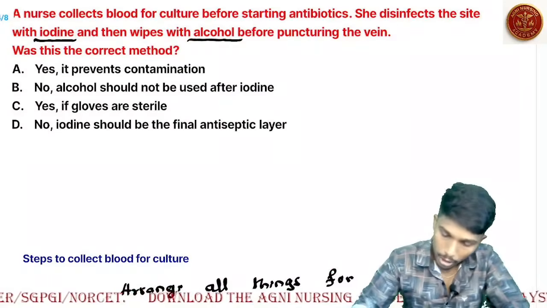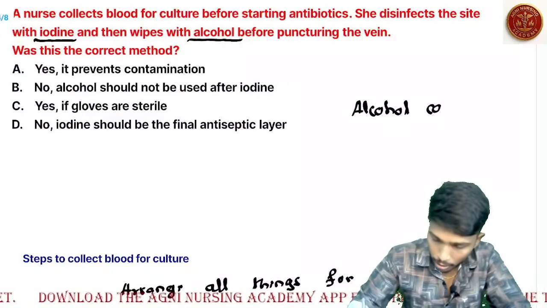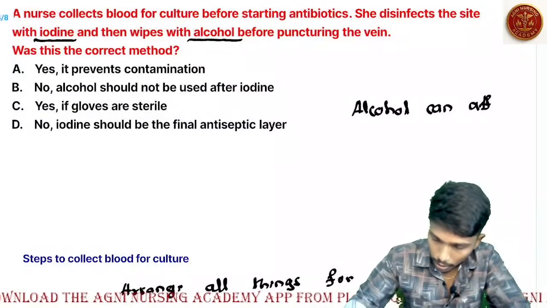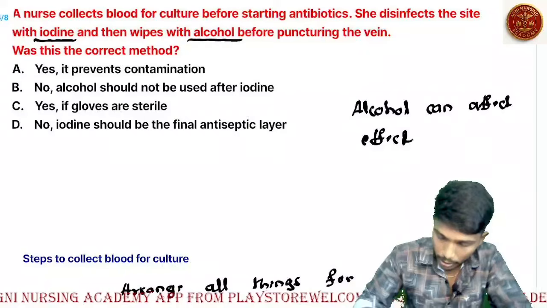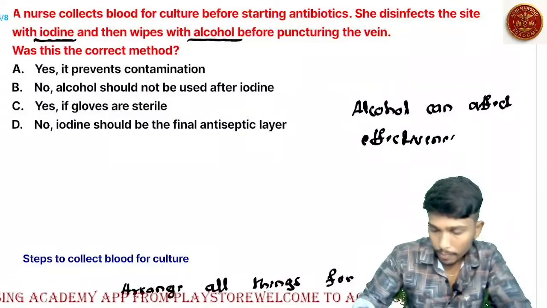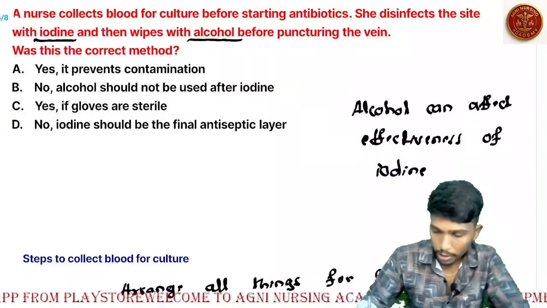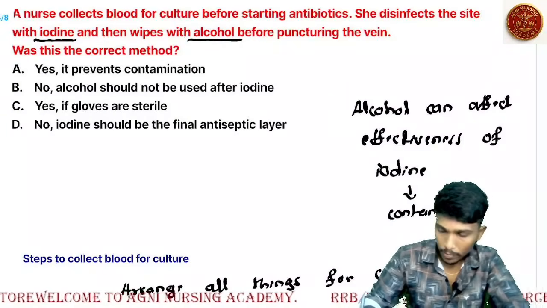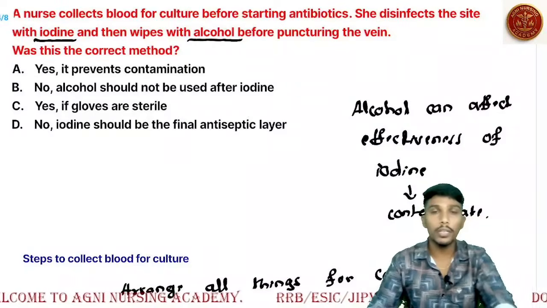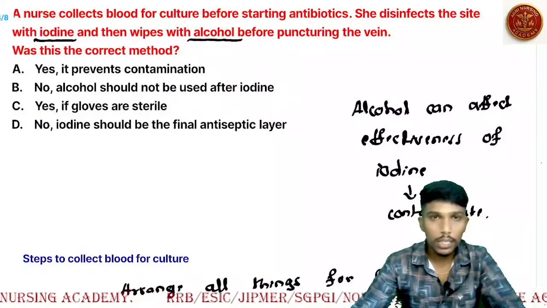Alcohol can affect the effectiveness of iodine, so this can lead to contamination. So we have to use betadine. After that we are not supposed to use alcohol-based solutions.